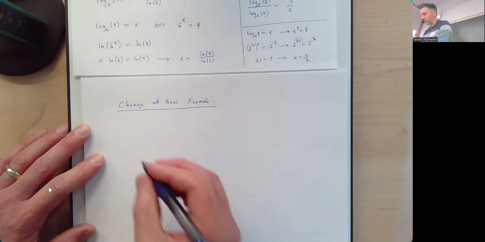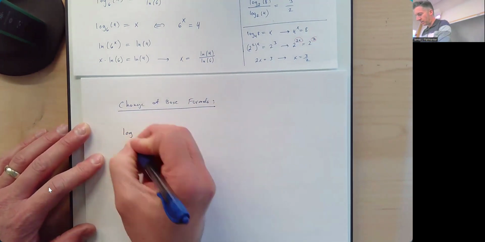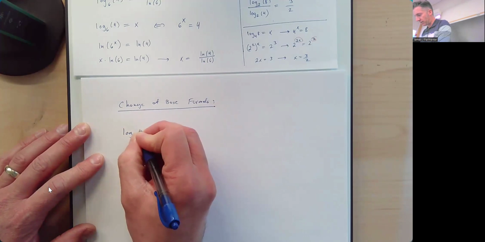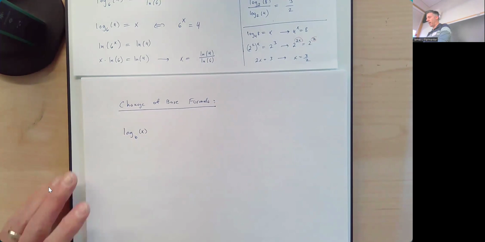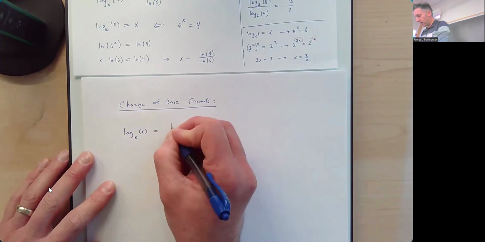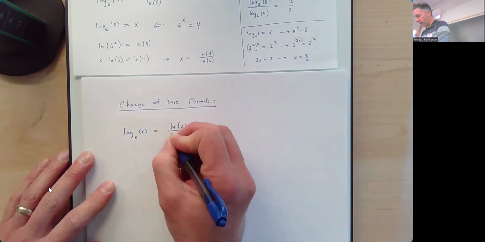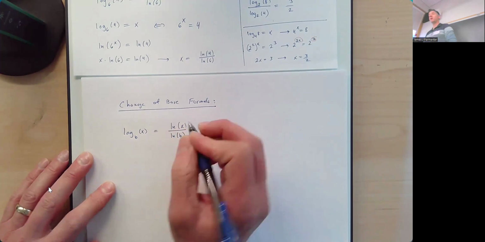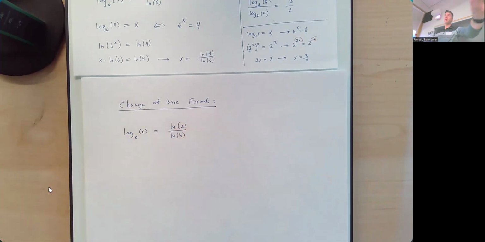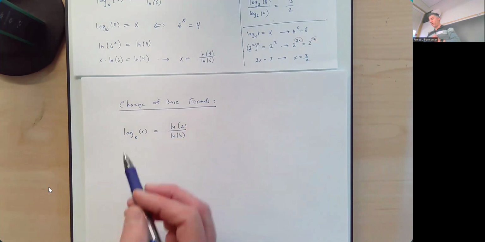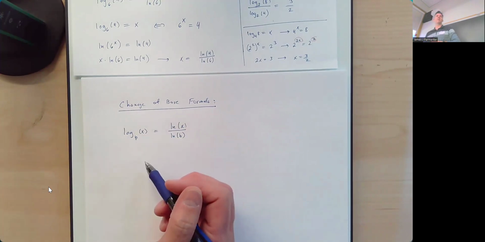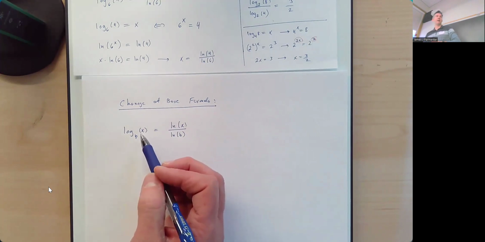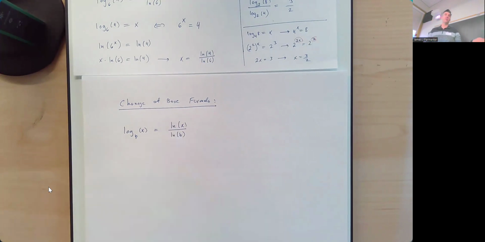If I want to rewrite the log base b of x, I would almost always rewrite it as the natural log of x divided by the natural log of b. Notice, conveniently, the thing that looks like it's lower, the b, ends up in the denominator, and the thing that looks like it's higher, the x, ends up in the numerator. That's always true for the change of base formula.